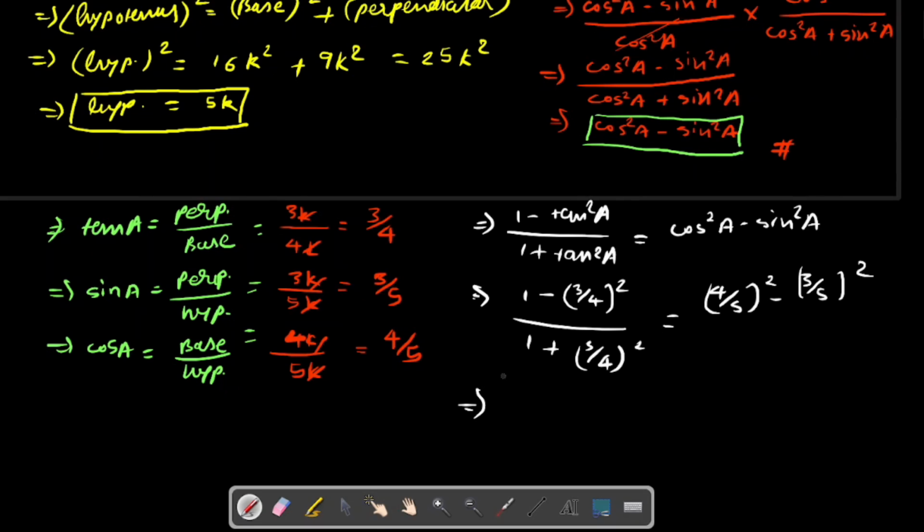We have to verify that LHS is equal to RHS.